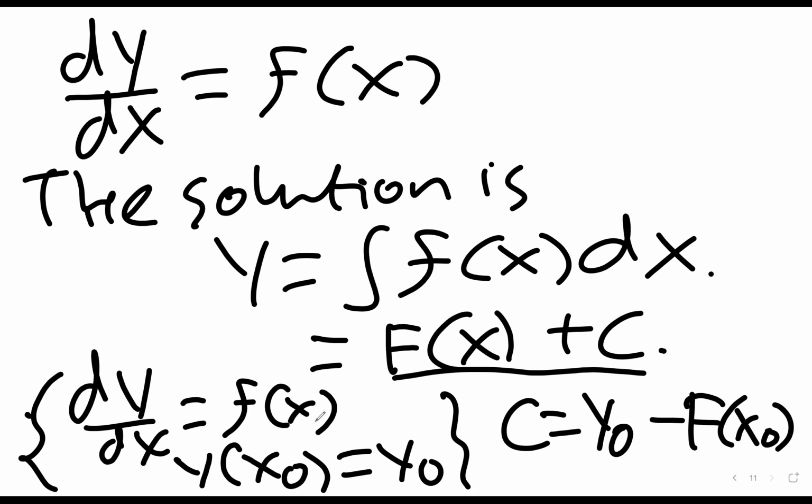However, if you consider the same differential equation, but now you add additional information, for example, when x equals to x0, the value of y is y0, or geometrically speaking, if the solution passes through the point x0, y0, then the solution is unique in the sense that you may find a particular value of C. You take x equals to x0, put it here, and replace y equals to y0, then you will have C as y0 minus F of x0.